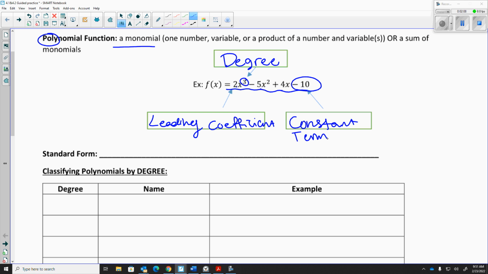Okay, so again, just lay of the land, different pieces of a polynomial. Other thing, standard form of a polynomial is something that we're going to talk about a lot. In order to write a polynomial in standard form, here's all you need. You need the biggest exponent first, and then you decrease from there.